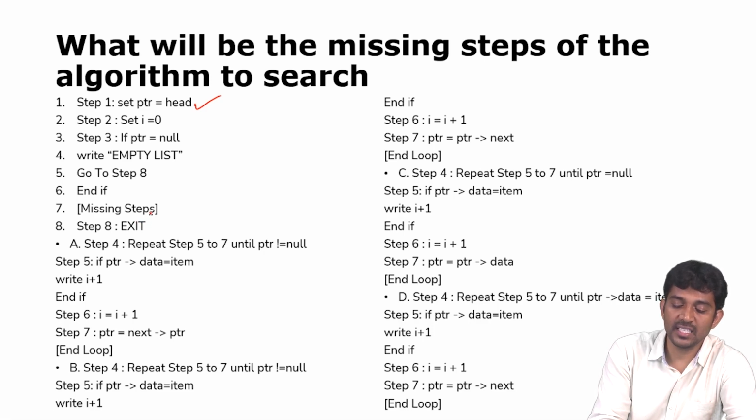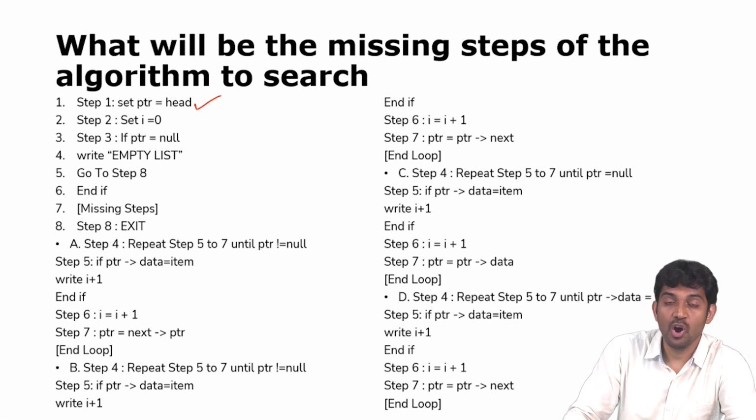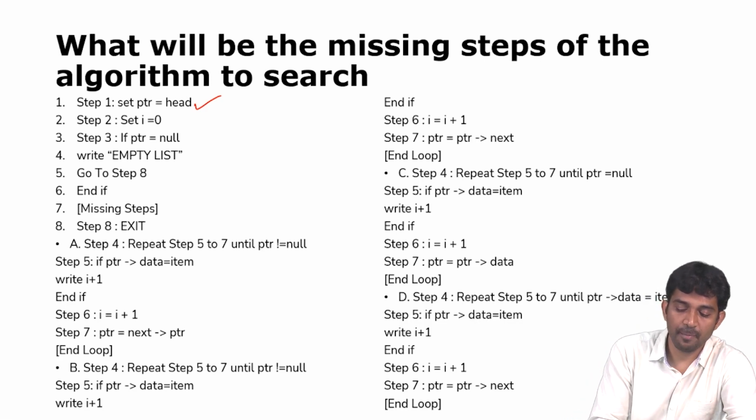So here are the missing steps. If the linked list exists, then how do we perform this? See what they wrote. If ptr dot data equal to item, write I plus 1, right? I plus 1, end if. Step 6, I equal to I plus 1, and ptr equal to ptr dot next, and end loop.